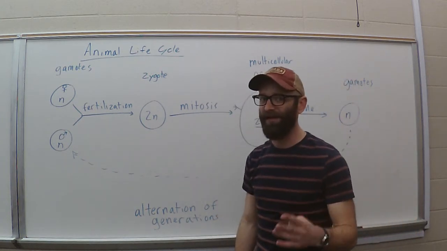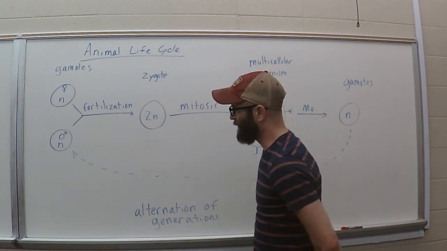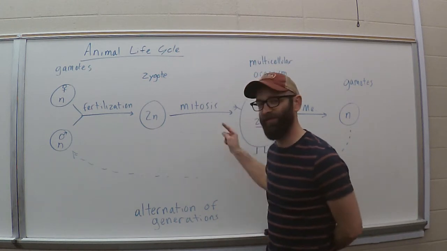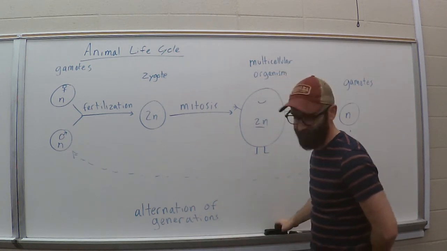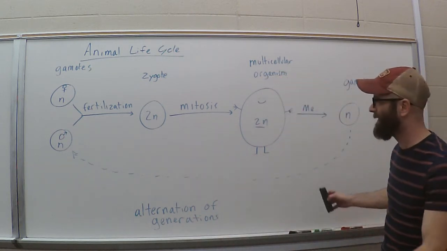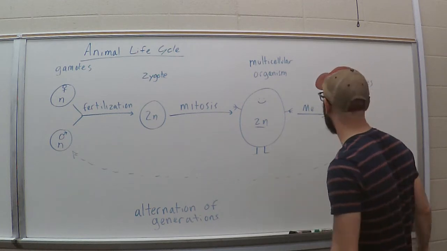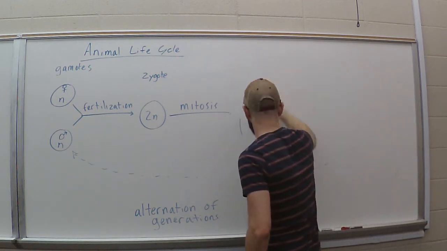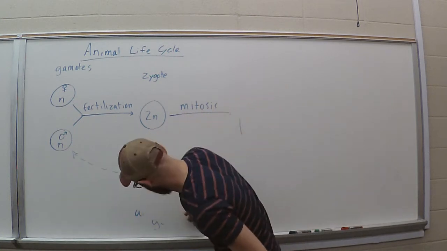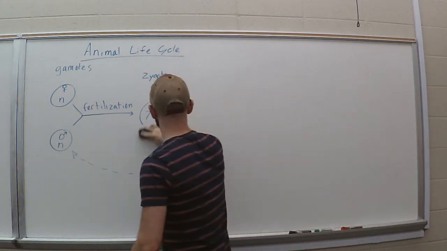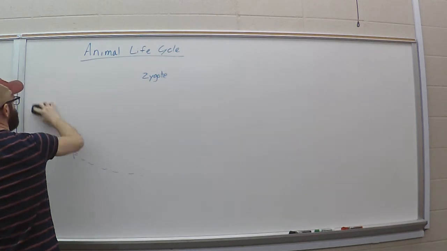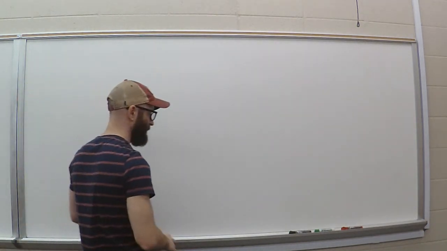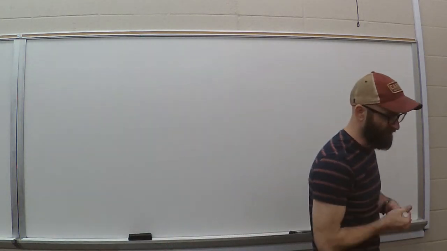And you'll see this again in the plants. For sexually reproducing organisms, you're always going to see this alternation of generations. And in animals, it's pretty simple. Plants are a little bit more interesting.